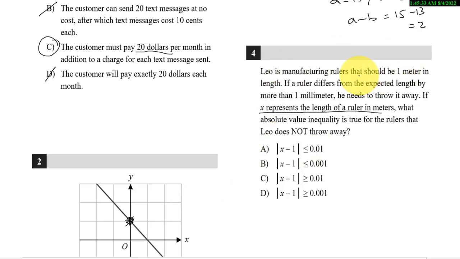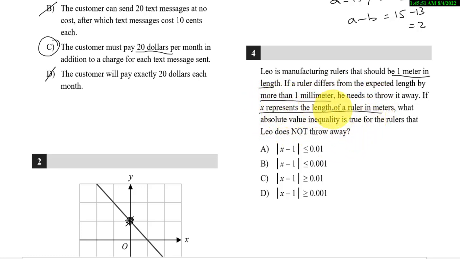Now we have been told that he is manufacturing rulers that should be 1 meter in length. So we have a standard length of 1 meter, and so if a ruler differs from the expected length by more than 1 millimeter, it needs to be thrown away.